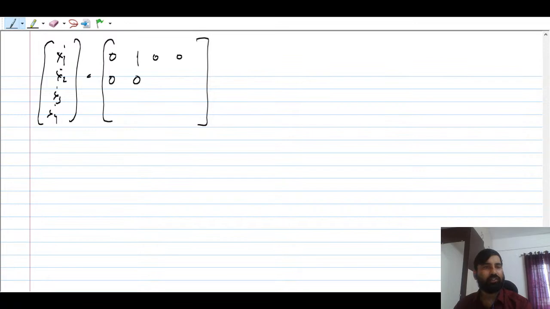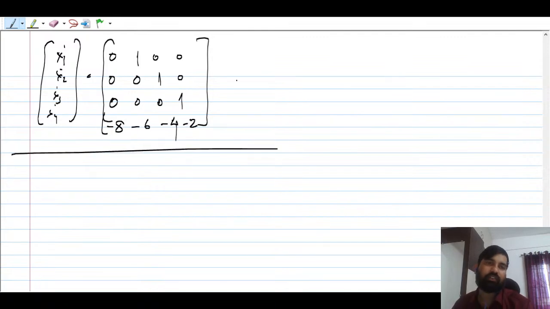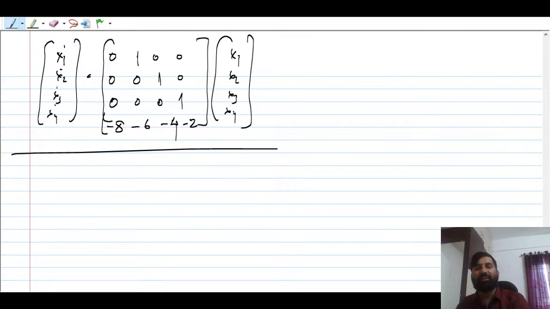Now it is 0, it is 0, it is present, so it is 0, right? And the last one is minus 8, minus 6, minus 4, and minus 2, right? This is the A matrix. You can write x1, x2, x3, x4, right? You're writing Ax simply, right? From the given equations you're writing A times x, okay?